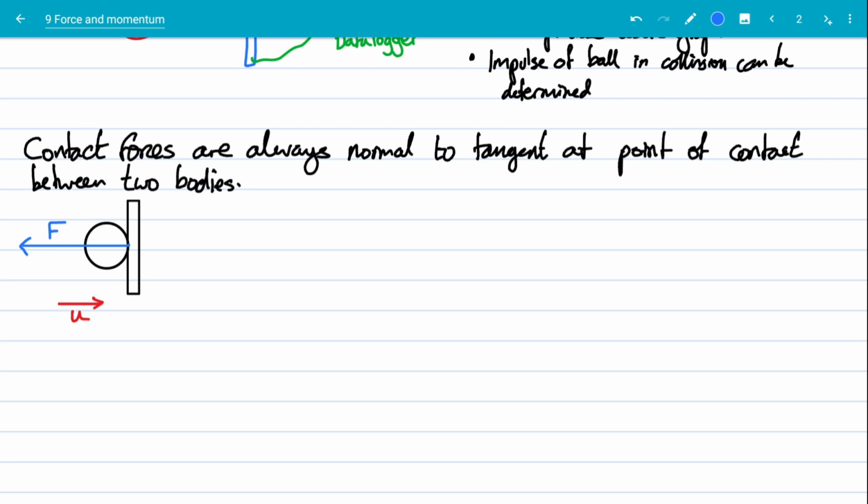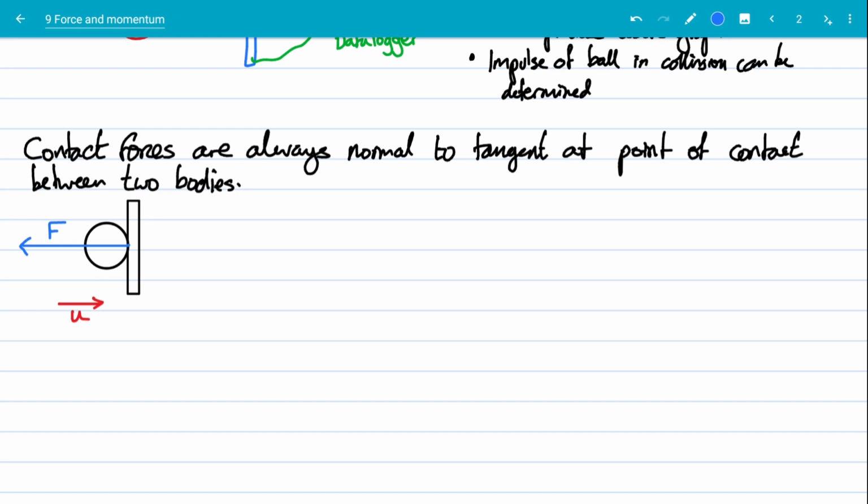So you can see that it is normal to the surface, 90 degrees to the surface. If I drew a tangent, which for a flat surface doesn't make much sense, but for the spherical ball it does, F would be 90 degrees to the tangent of the ball's surface, the ball's perimeter at that point of contact.